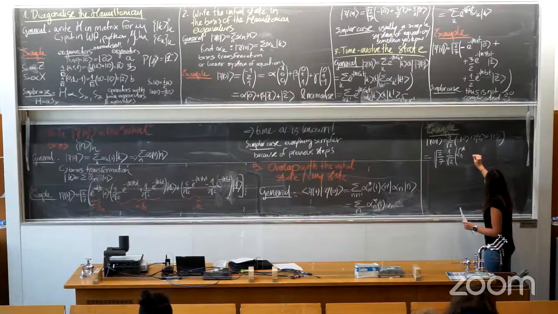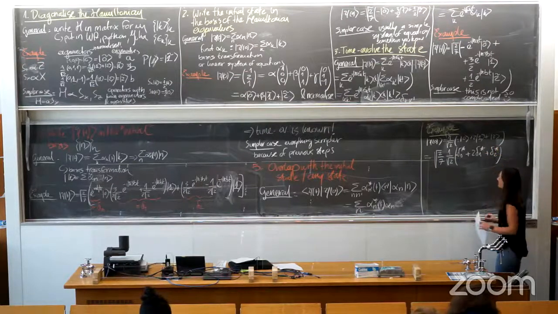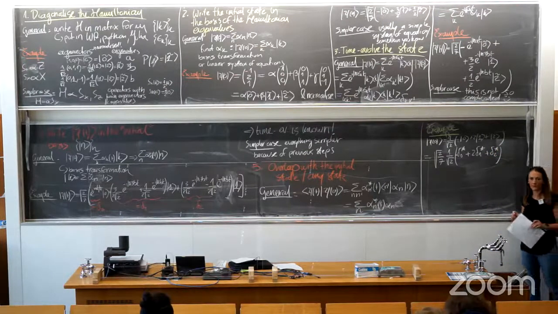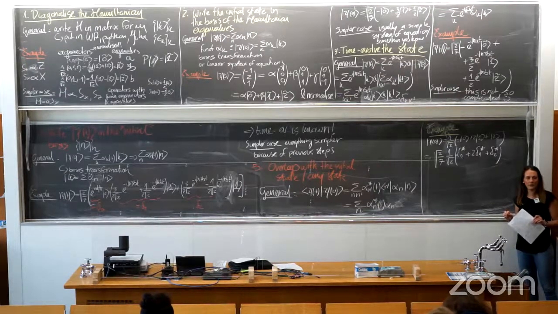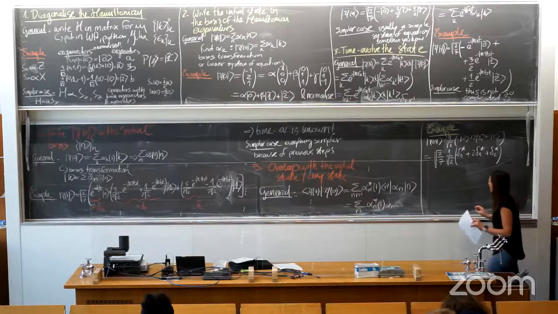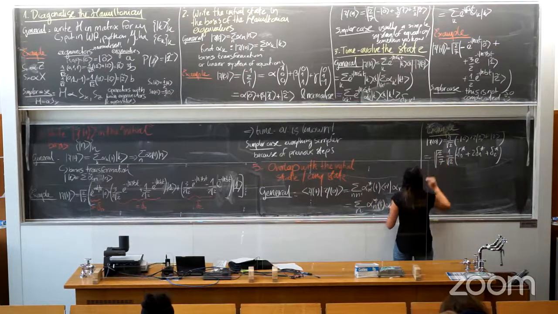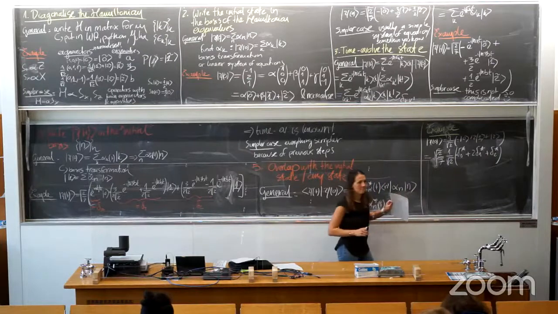And then I will have plus 2 rho 1 complex conjugate, and then plus rho 2 conjugate. Is this clear? Tell me if not. So this will become 1/√7.